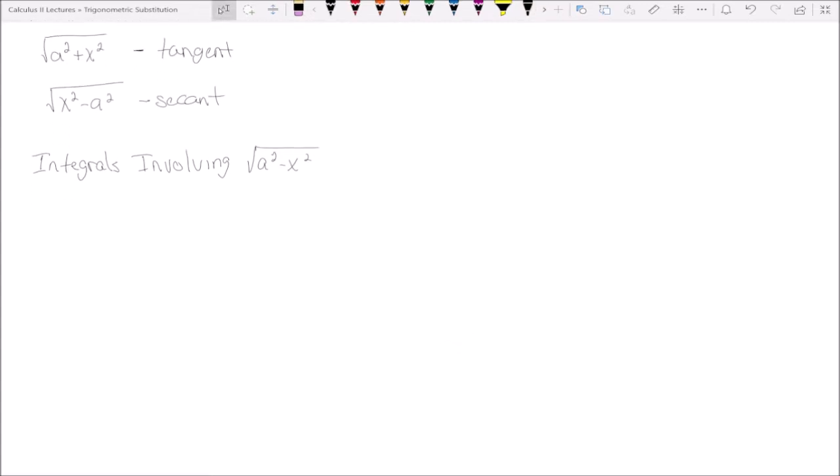All right, so first, notice that the domain of the square root of a squared minus x squared is negative a less than or equal to x less than or equal to a, which would mean that negative 1 is less than or equal to x over a, which is less than or equal to 1. Notice also that the range of sine theta over negative pi over 2 to pi over 2 is negative 1 to 1.